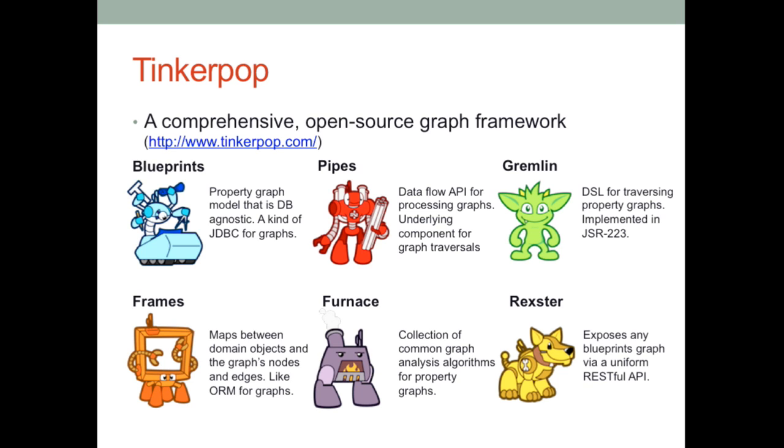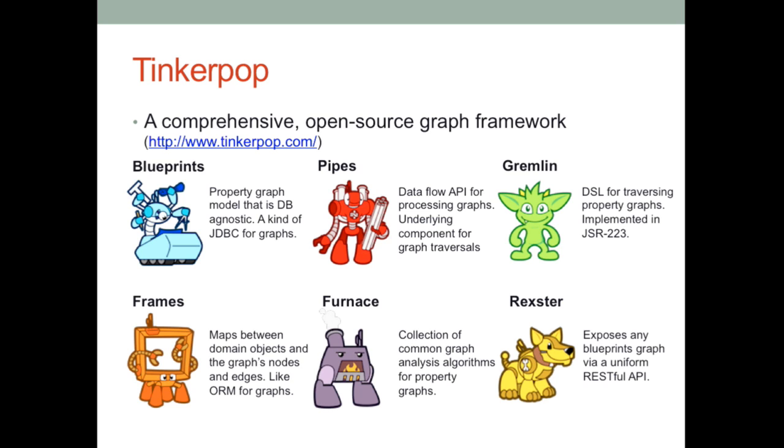So Blueprints, think of it as JDBC but for graphs. Pipes, this data flow chaining framework that they use under a lot of the covers. Gremlin, which we'll be spending a good portion of the time on here. Frames, think ORM, object relational mapping, but for graph databases.